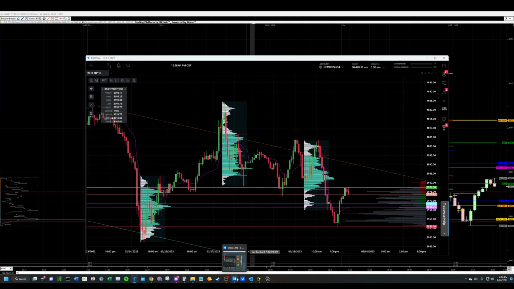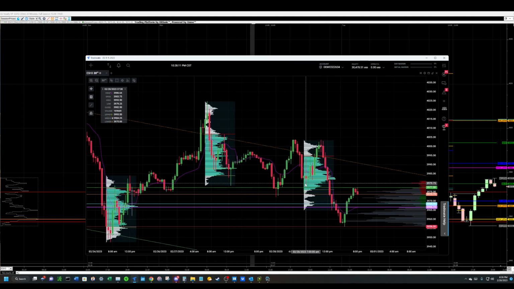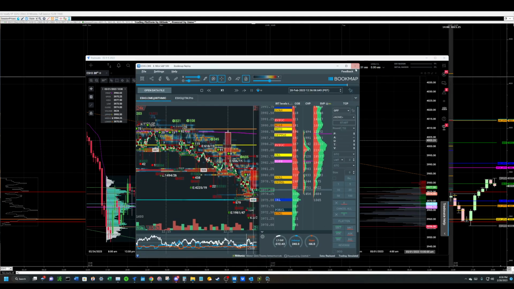Okay, I had a hard time reading this. I wasn't able to make any trades today. But you kind of see how it's stuck in this area. It's kind of hard to read, for me at least.